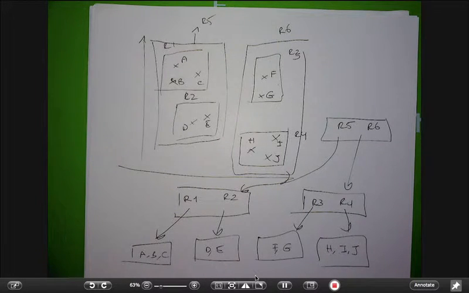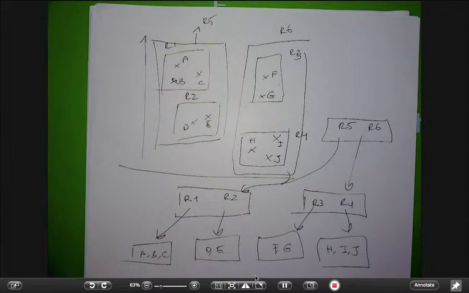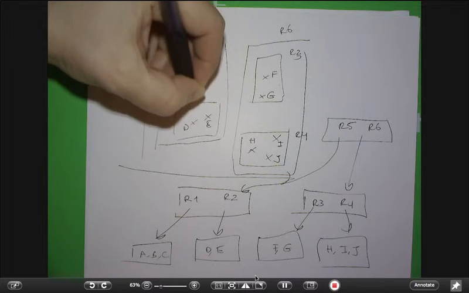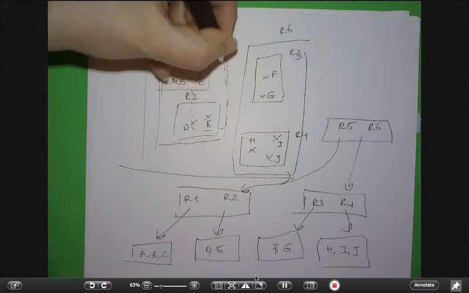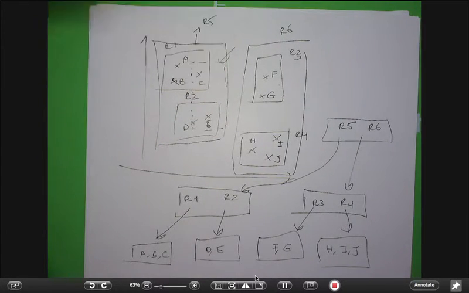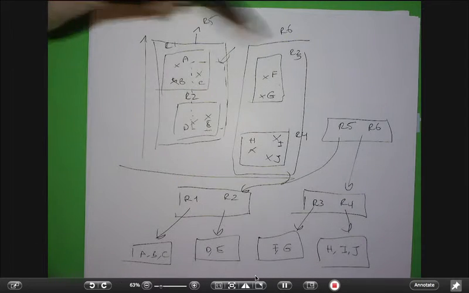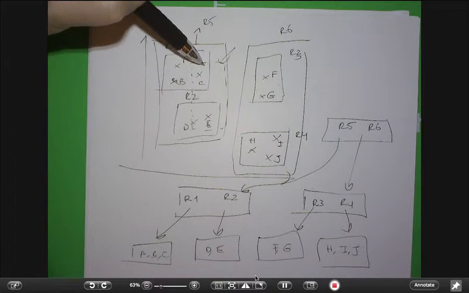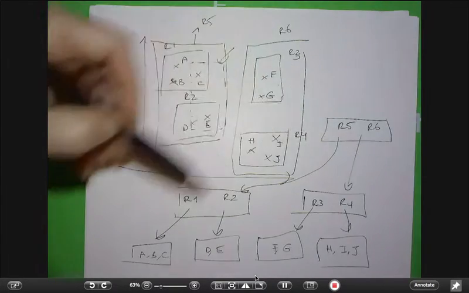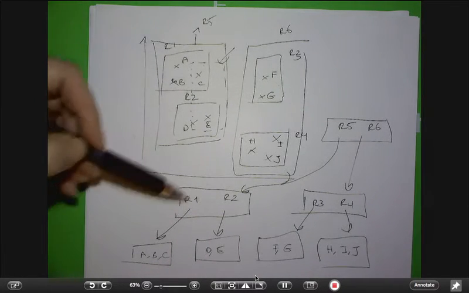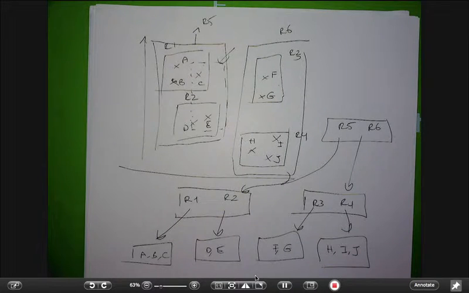In addition to finding what is inside a rectangle, let's say you wanted to find all the data inside this search area. You will find which of the two rectangles, R5 and R6, intersect with my search query. Since only R5 intersects, I'm going to follow this node. Then I will check if R1 and R2 intersect, then I will follow both, and then I will scan these.